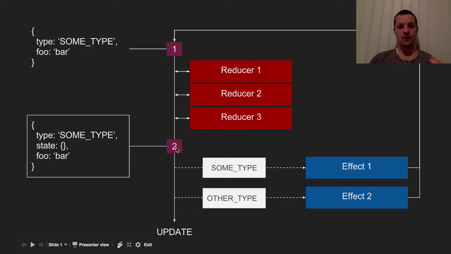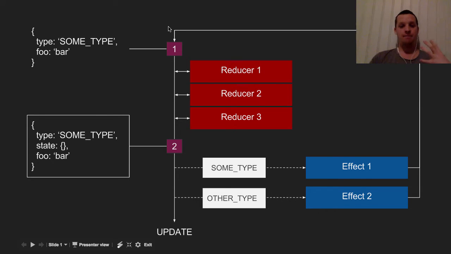Then it came down to this point where it attached the state, and effect 1 picked up on this action. And then effect 1 returned another type of action, maybe giving it some payload. And then it will go through the system again, and maybe there were some state changes, and then it would be picked up by effect 2, which would then go through the system again.